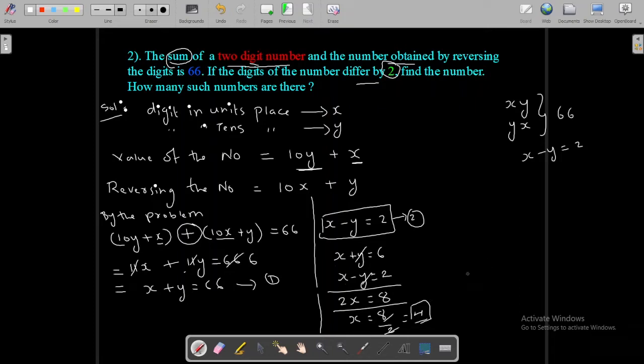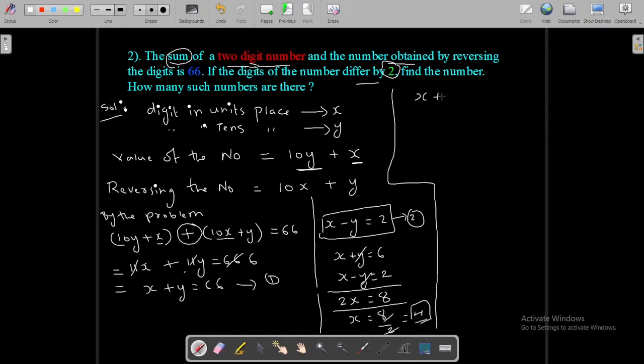Now I will try to substitute this value of x in one of the equations. I will take x plus y is equal to 6. I got the value of x as 4.